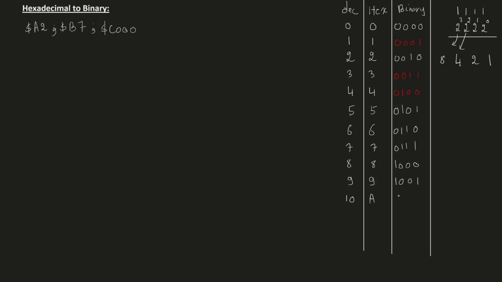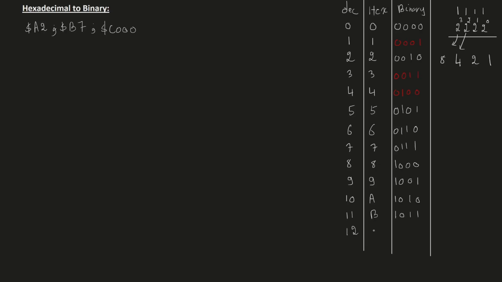In order to get 10 in binary, we need 8 plus 2, so these two bits need to be 1 and these two are zeros. So 1, 0, 1, 0 in binary. 11 in decimal is B in hexadecimal. In order to get 11, we do 8 plus 2 is 10, plus 1 is 11. So that's 1, 0, 1, 1.